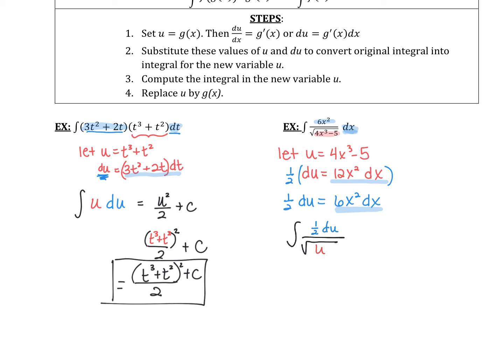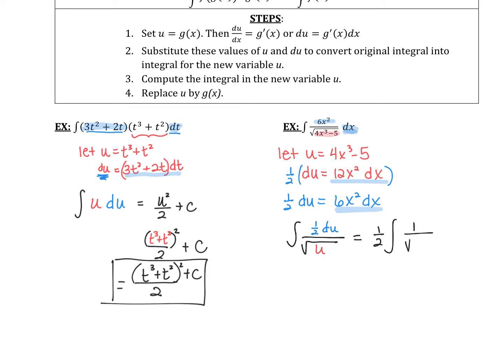Now that maybe doesn't look that much neater or easier right now. But remember, we have the scalar rule that says I can pull a 1/2 out. So I would have 1/2 the integral of, and typically we don't write that differential du up in the numerator.